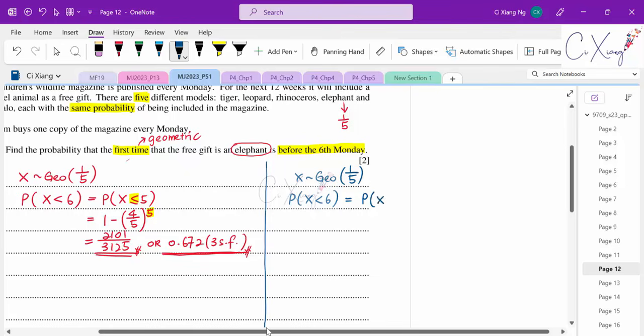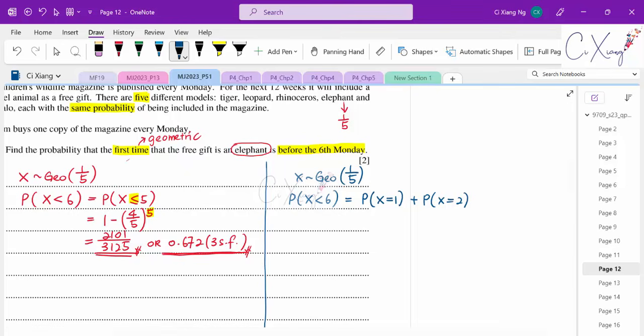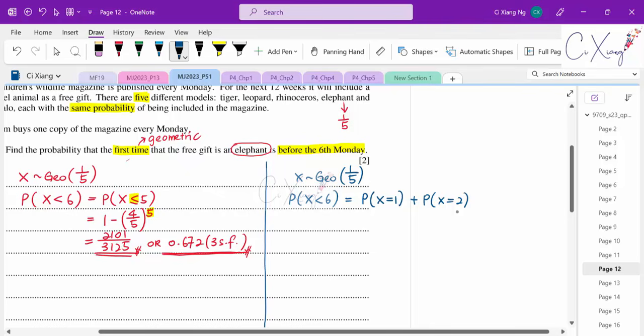So if Sahim is lucky, he straight away gets the first elephant in the first magazine that he buys. So it will be x equals to 1. Or maybe Sahim buys 2 magazines. The first week's magazine he didn't get an elephant, but the second week's magazine he got an elephant. In this case, it will be the probability of x equals to 2. That means he gets the first elephant on the second Monday.